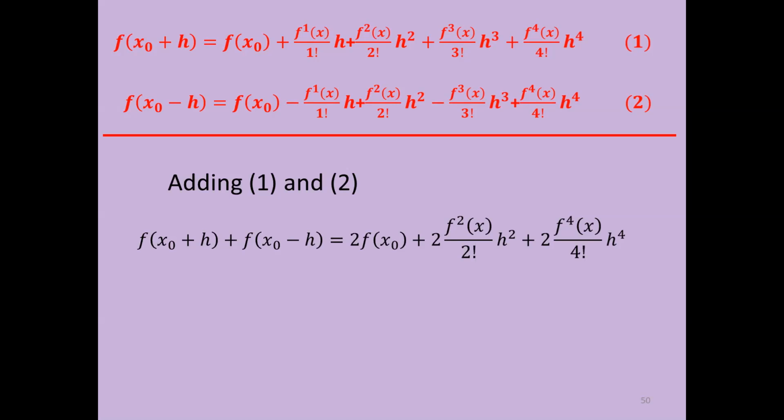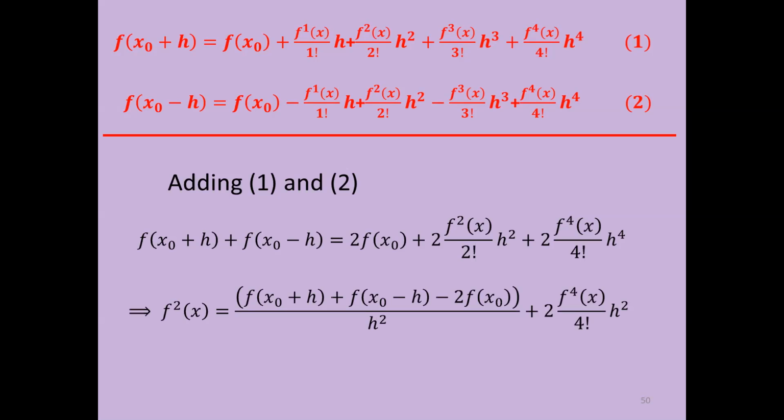And then we simply keep the second order differential on the left and the rest of the terms on the right. Which gives us the 3-point formula to be evaluated at x naught plus h, x naught minus h, and x naught. And there is another term, which is the last term on the right, the fourth order differential. That is going to be the error in approximation.